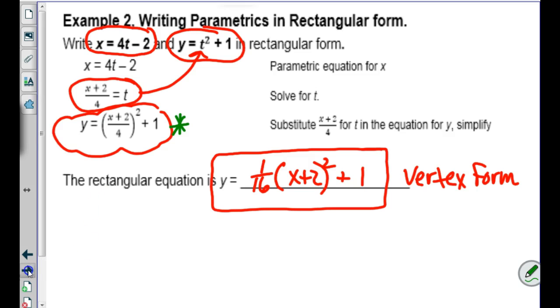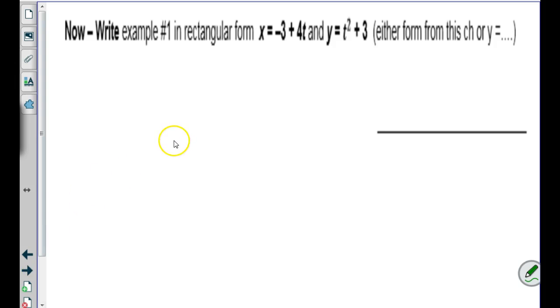Any questions? Now go back and let's try the first one. So this is the very first equation that we just graphed a minute ago on that teeny tiny little graph paper. What is the idea we need to do here? Yes, isolate t here and then substitute it in.